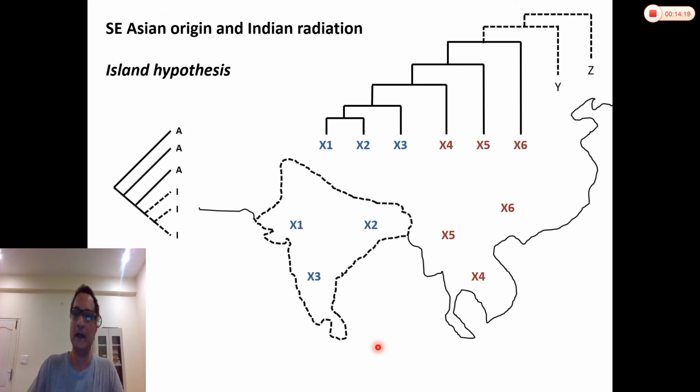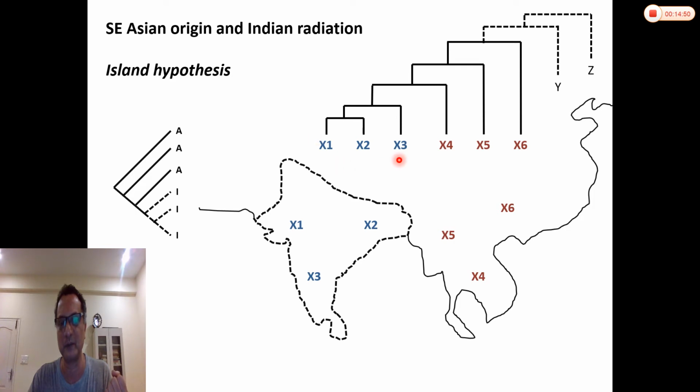Okay. Now let us look at a hypothetical example. Let's assume that a group that we're looking at, some genus X, has a Southeast Asian origin, and if the island hypothesis were to be true, then obviously these species from India would all branch together. It would be monophyletic, nested within a larger clade consisting of Southeast Asian forms, and these would be sister to the Indian forms.